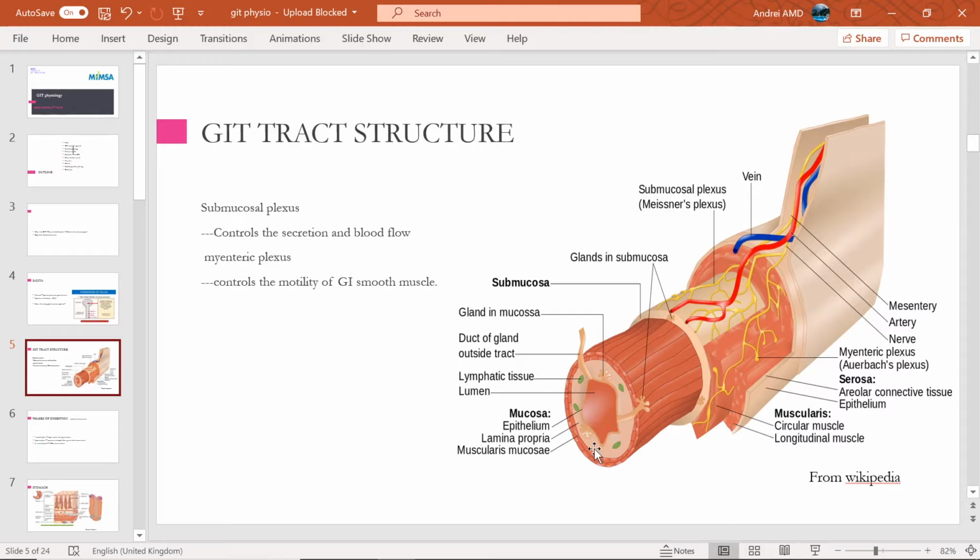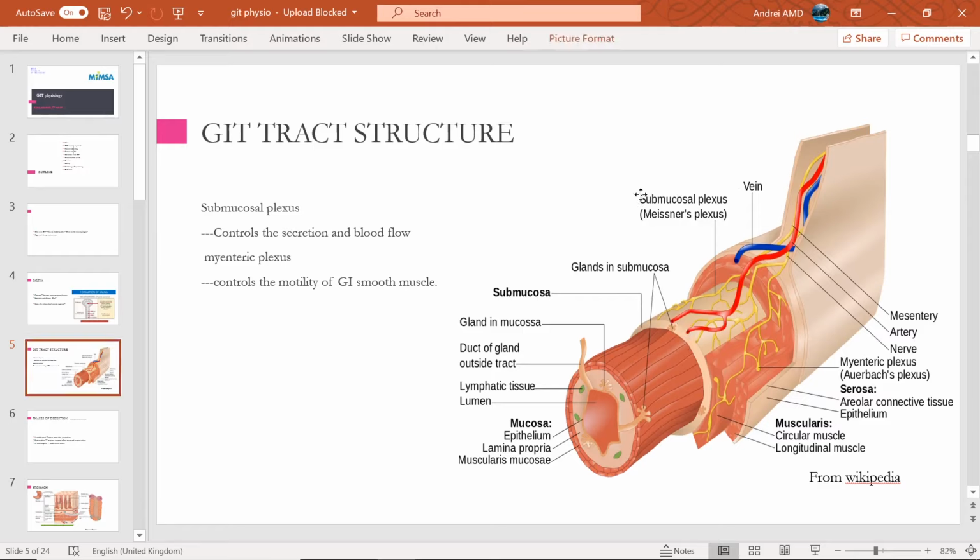You would have a lot of glands there, and near the glands is the submucosal plexus. And you would have 2 or 3 layers of muscle outside of that.